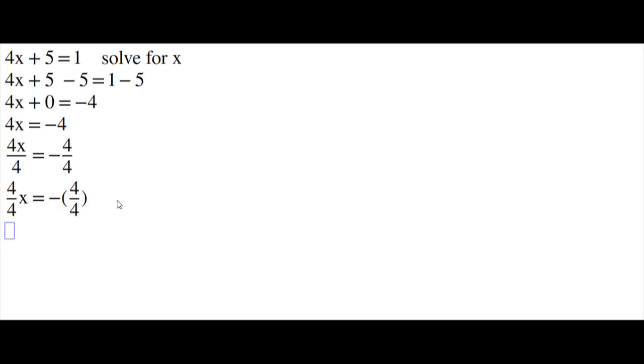And what you get is 1x, which is equal to negative parentheses 1, which is the same as x equals negative 1.